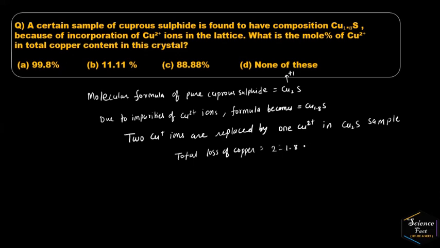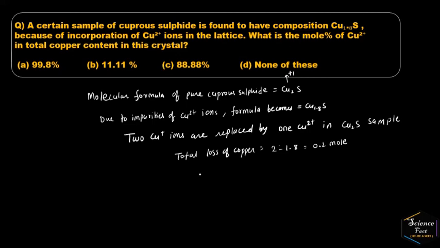So, we have 0.2 mole of Cu2+, 0.2 mole of copper which is incorporated in the crystal lattice.